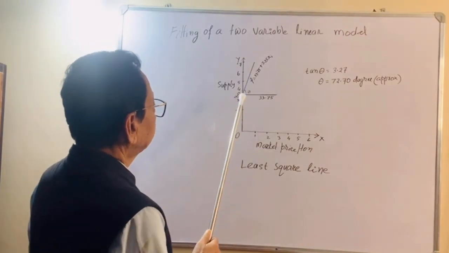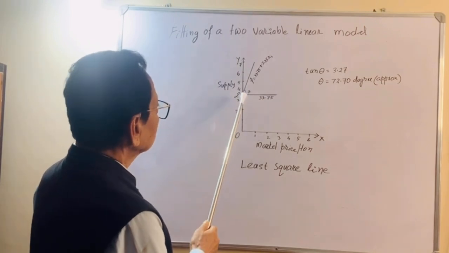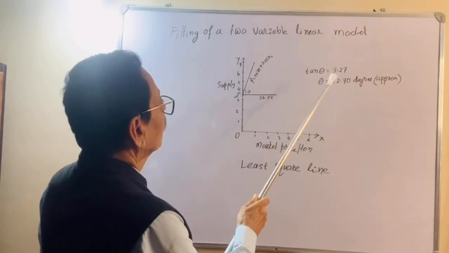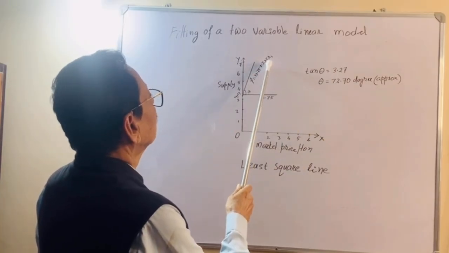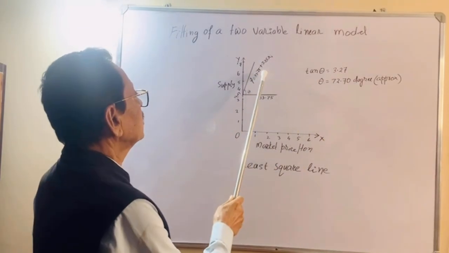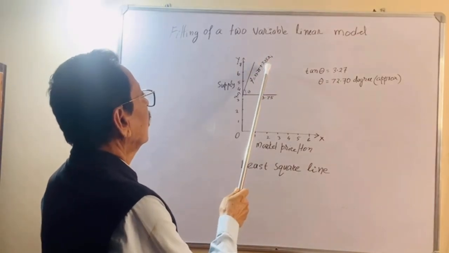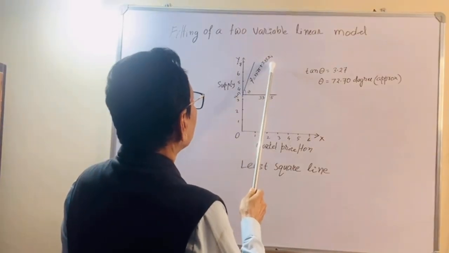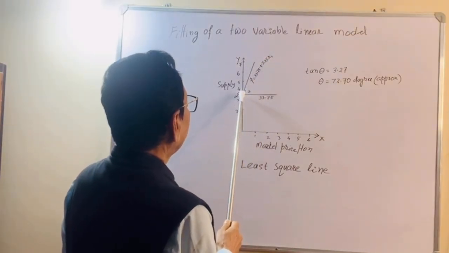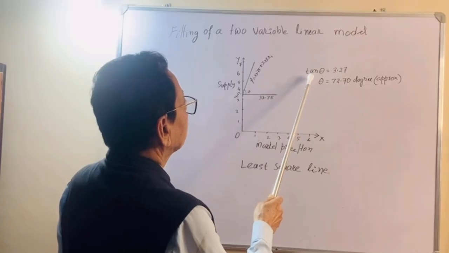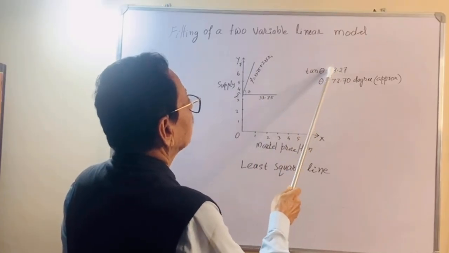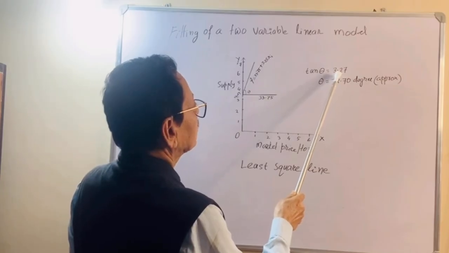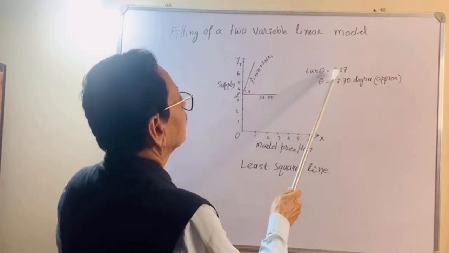And after this the line rises at the rate of 3.25. So this is the rate of change, or we call this a tendency. At this, we have seen that it is the value of tan theta, 3.25, approximately 3.27. It is a tan theta.